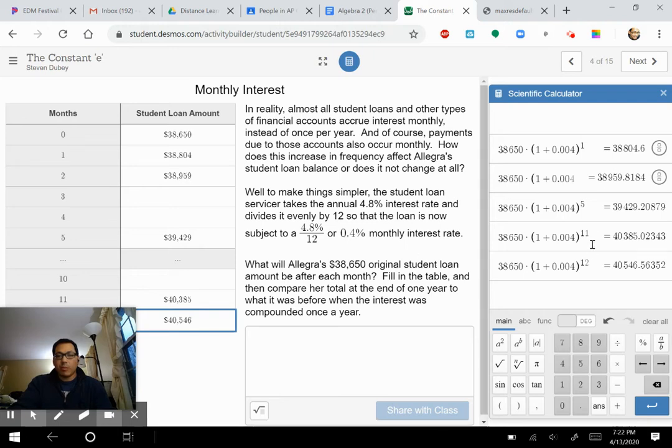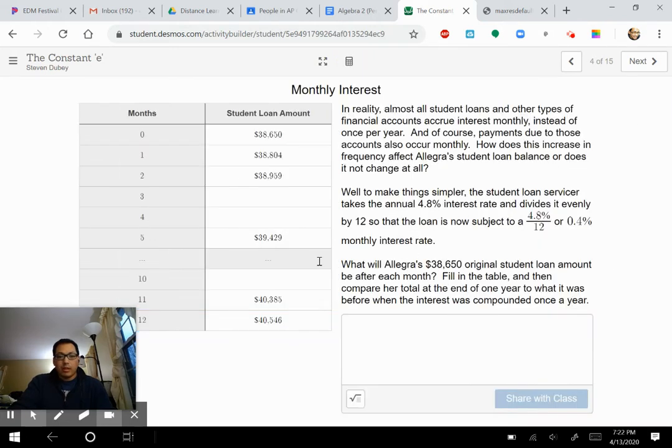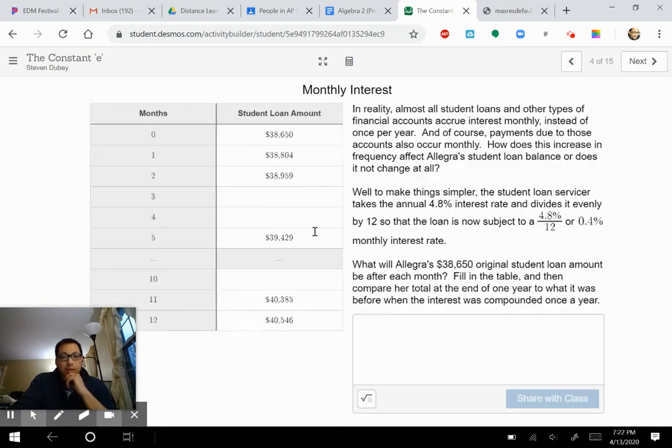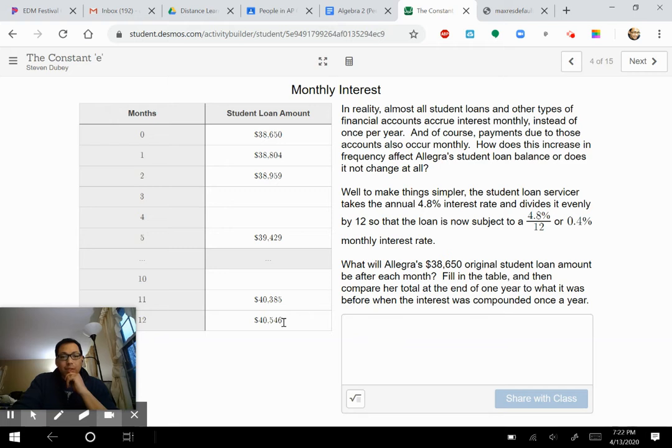So this is what I wanted to compare to the previous amount. So she's paying monthly now, and she owes 40,546. How does that compare to what the year was before? Before she owed 40,505. 505, 546. So this is a little bit more.